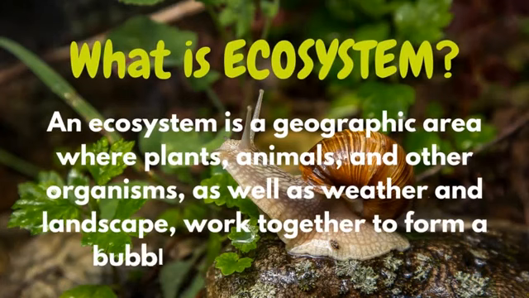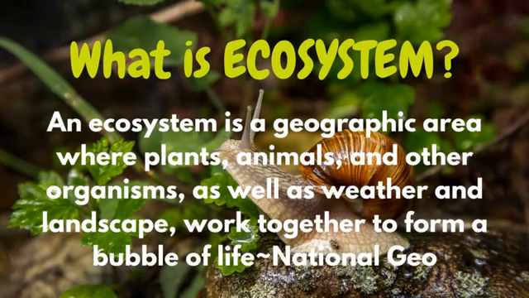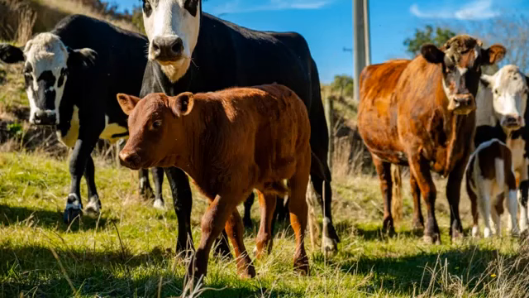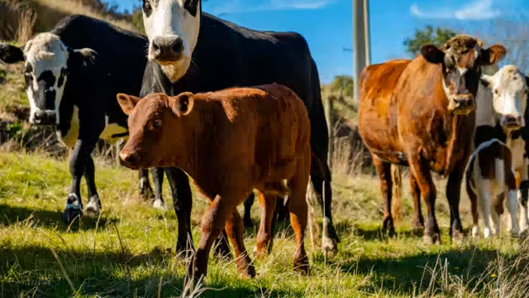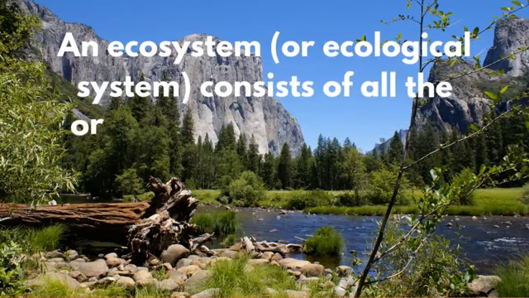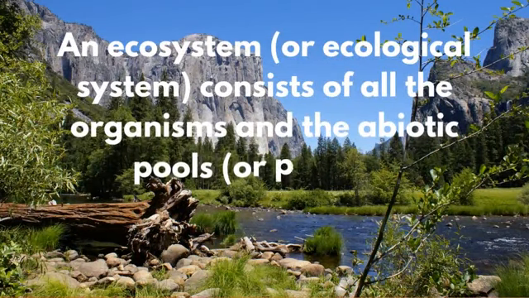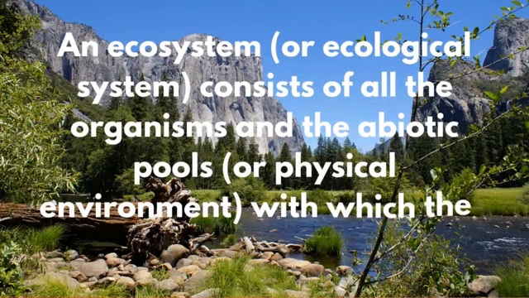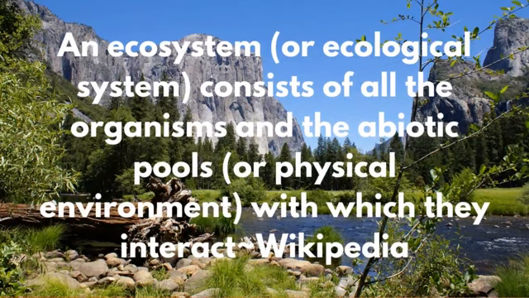An ecosystem is a geographic area where plants, animals, and other organisms live. That's according to the National Geographic definition. We also have another definition from Wikipedia. Ecosystem can also be defined as an ecological system that consists of all the organisms and abiotic pools with which they interact.